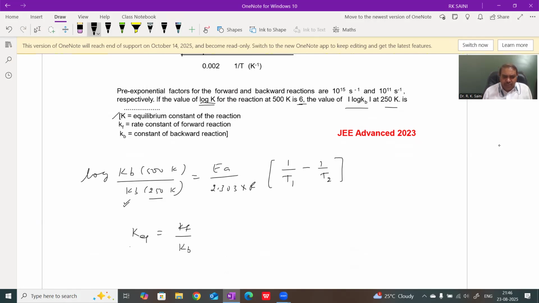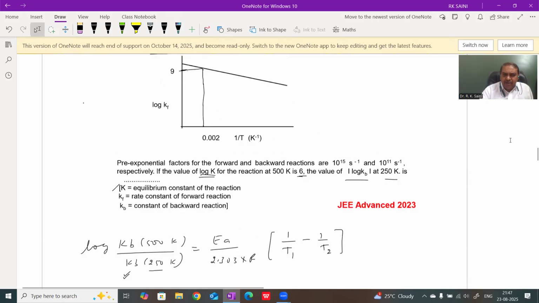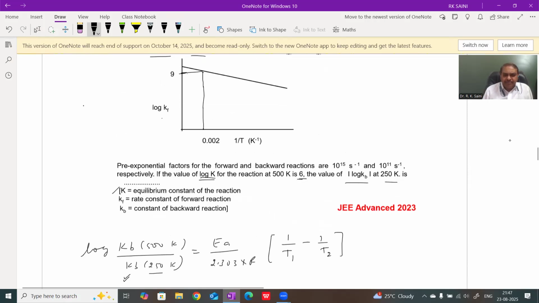It means the equilibrium constant is 10 to the power 6. And with the help of the graph, we find log Kf is 9. It means Kf equals 10 to the power 9.